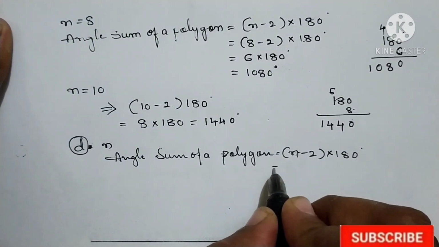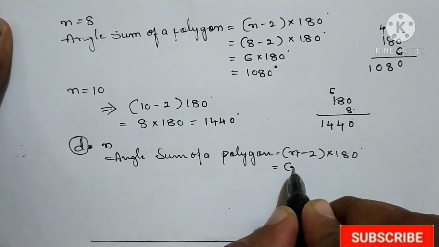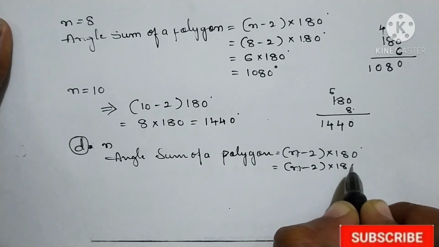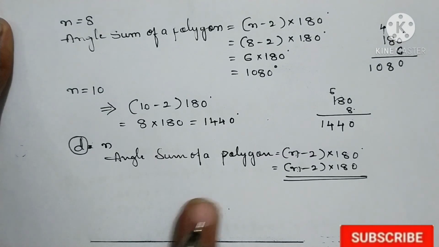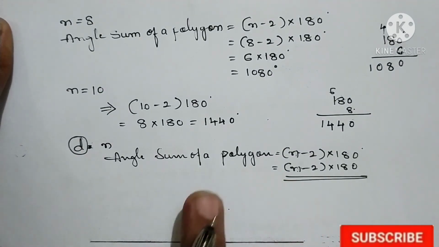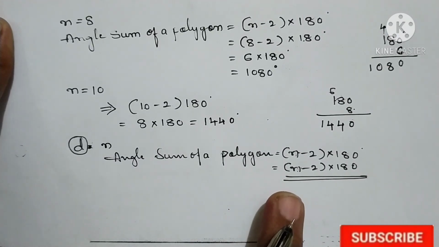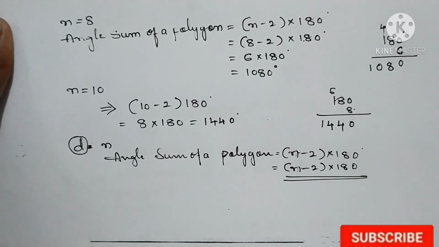So here, what should we take in n's place? N only we should take here, n minus 2 into 180 degrees. That means if n sides are there in the figure, the sum of all the angles of an n-sided figure is equal to n minus 2 into 180 degrees.